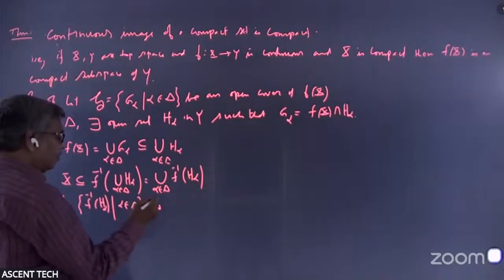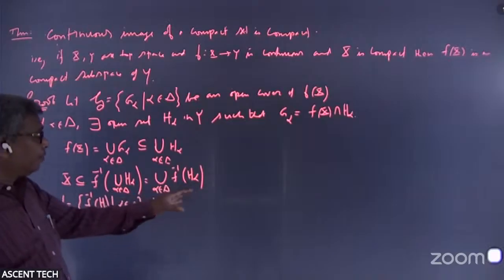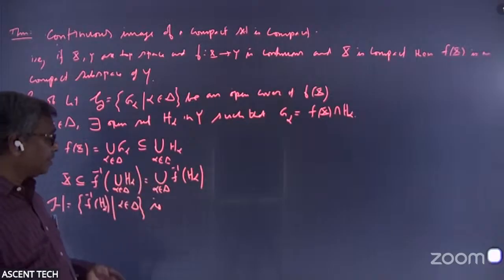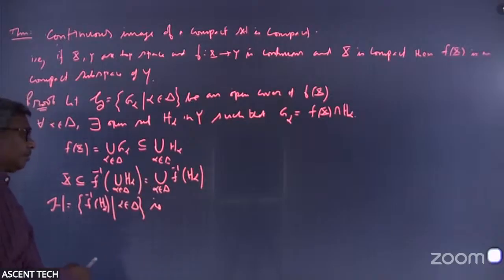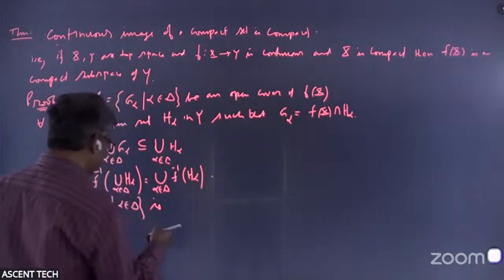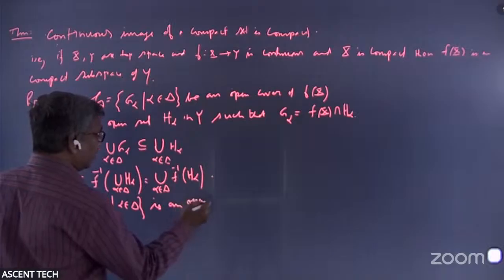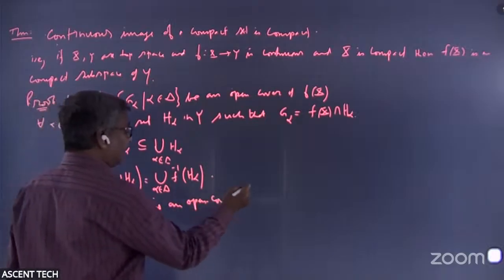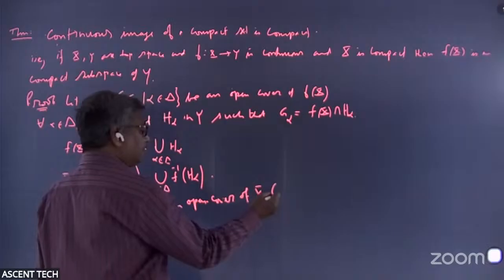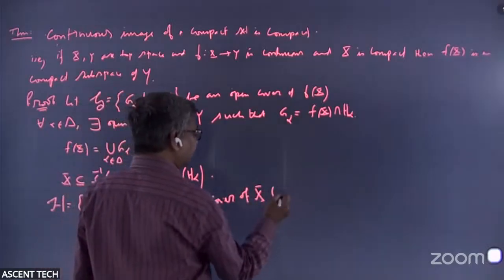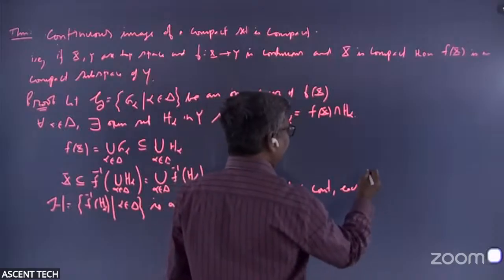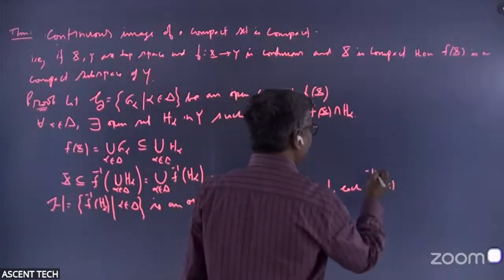This is an open cover. Remember, each H alpha is open, and f inverse H alpha is open because f is continuous. Since f is continuous, each f inverse H alpha is open in x.